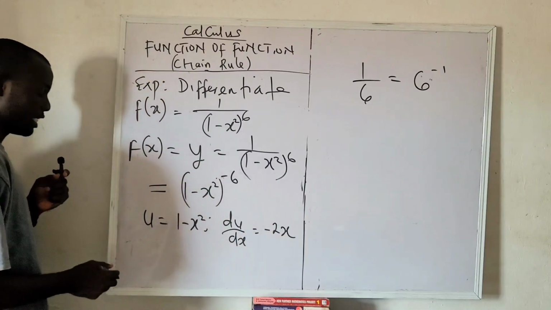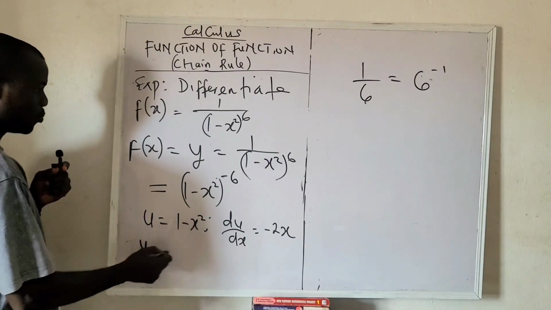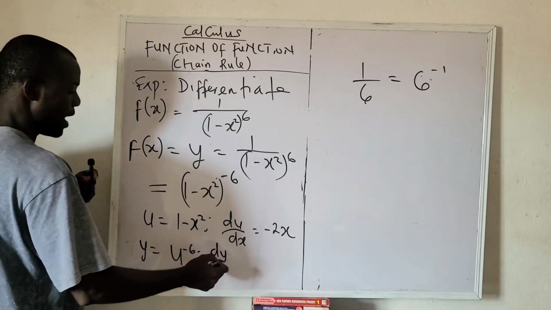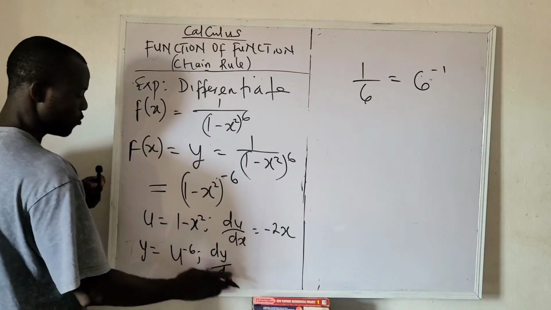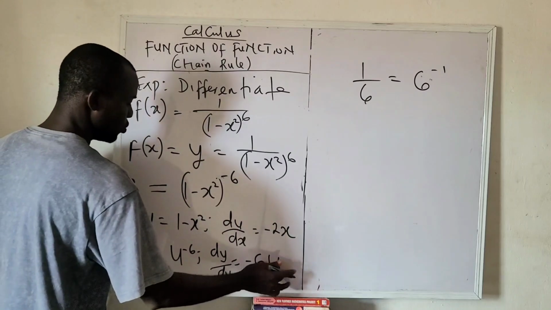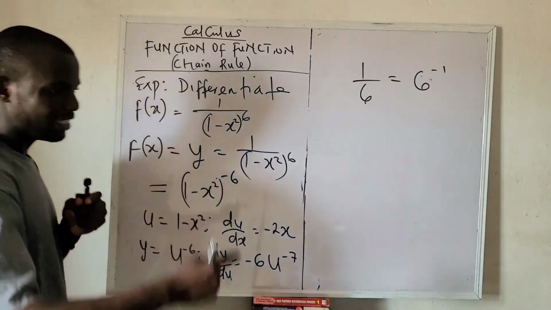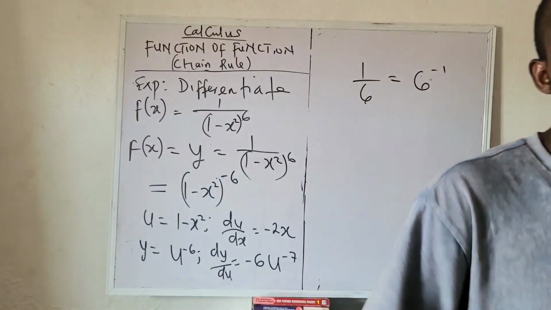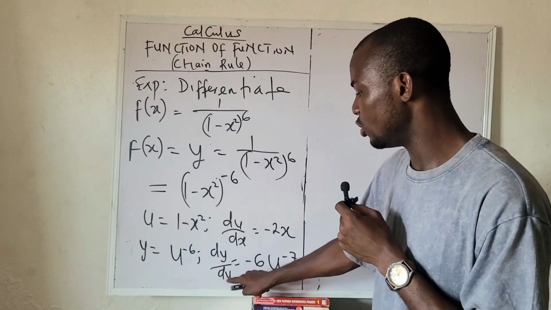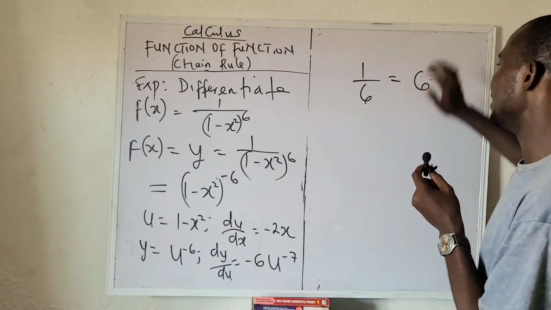And then our y will be equal to u raised to the power minus 6, and dy over du will be negative 6 u raised to the power negative 7, because negative 6, minus 1 is negative 7. So dy over du equals minus 6 u raised to the power negative 7.